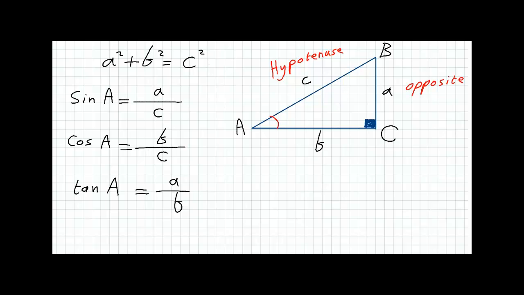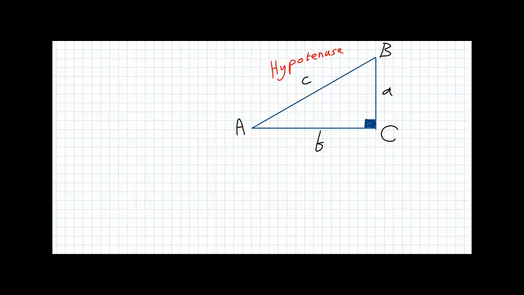So side a is the opposite side to angle A, and side b is the adjacent side. But if we were talking about angle B, side b will be the opposite side for angle B, and side a will be the adjacent side.